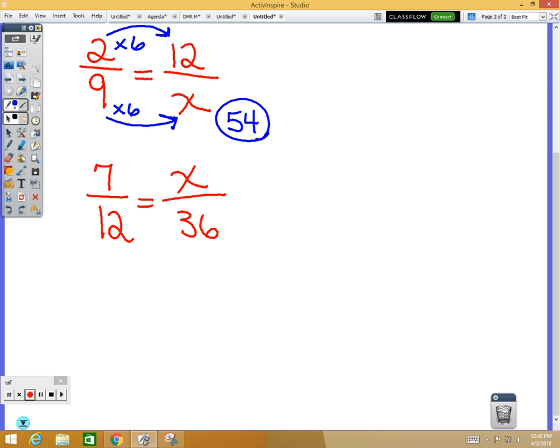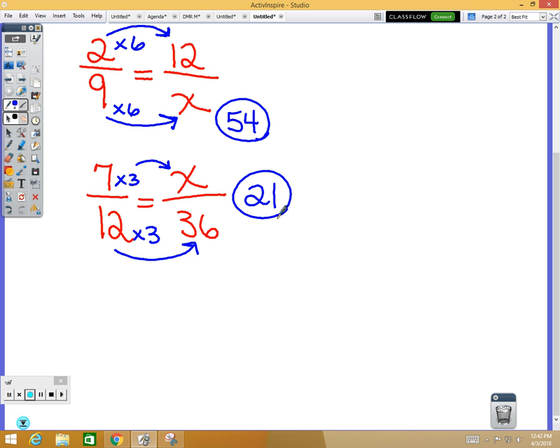So I'm either looking on the top for the two numbers or looking on the bottom. And I see in this example, the two numbers I'm given are on the bottom. So the 12 is changing to a 36. 12 times what is 36? 3. So I'm going to do 7 times 3, and that's going to give me 21.